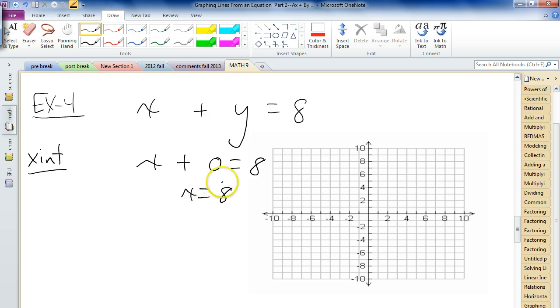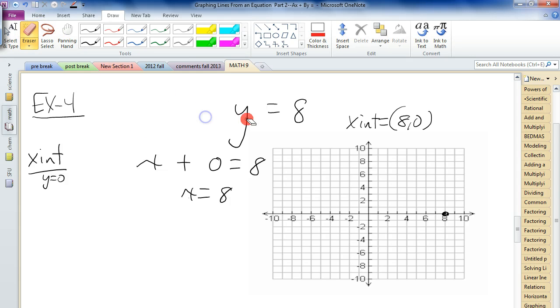You're just left with x equals 8. That's it. Remember, the x-intercept is where y is equal to 0. So when x is 8, y is 0. So that is our x-intercept, x 8, y 0, like that is that right there. Okay, and then really quickly, do I have to do this one? Y-intercept, if y-intercept is where x is equal to 0, if I make that 0, that means it's gone.